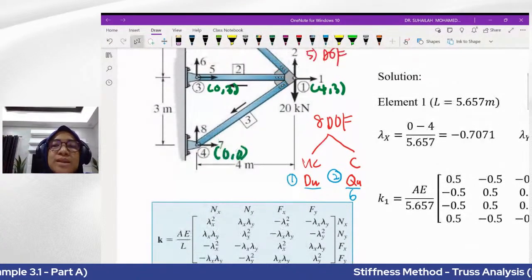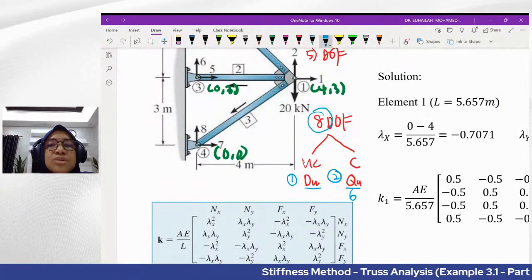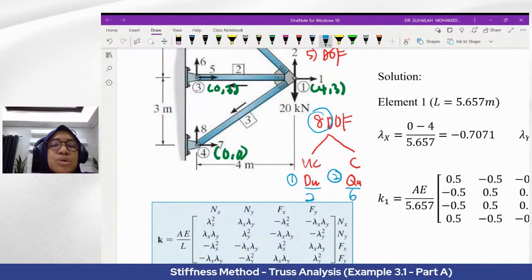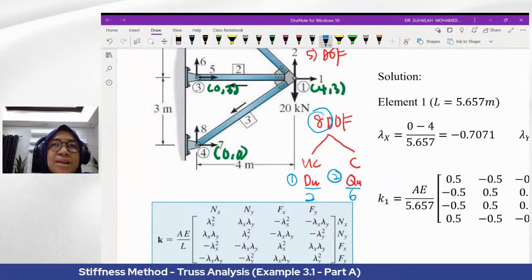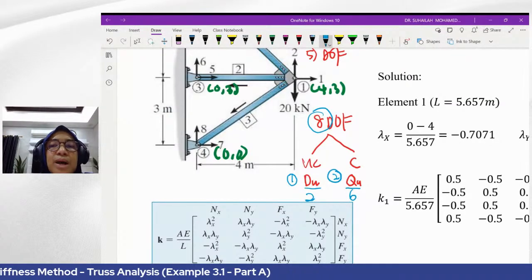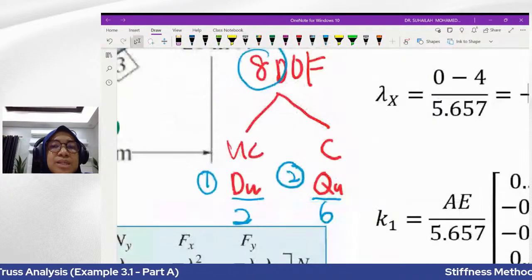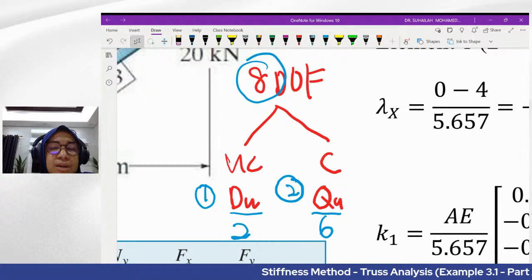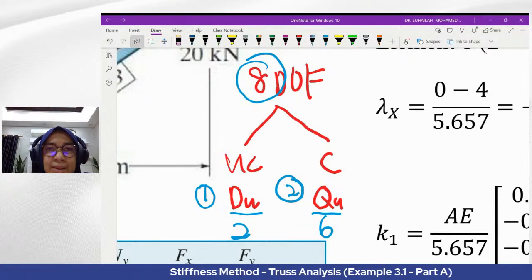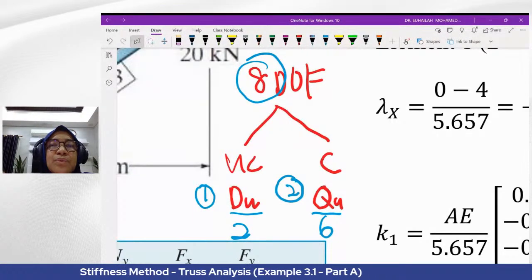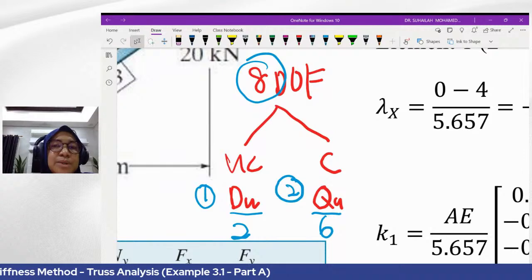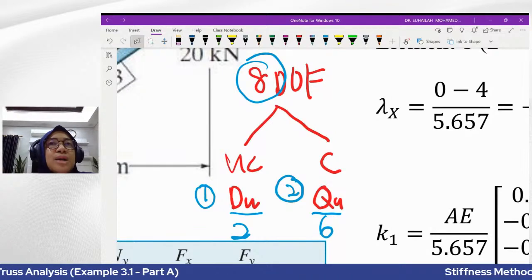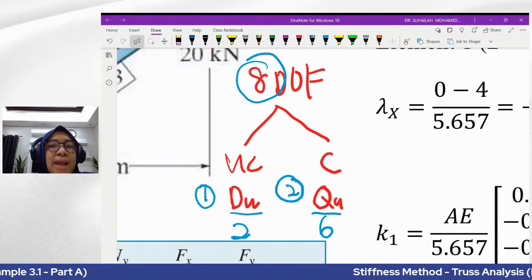Since we know that the total must be 8, the remaining is 2, which is located under Du. So this means there will be 2 unknown displacements that we need to calculate, and after that we will use these unknown displacements D1 and D2 to calculate the unknown reactions.